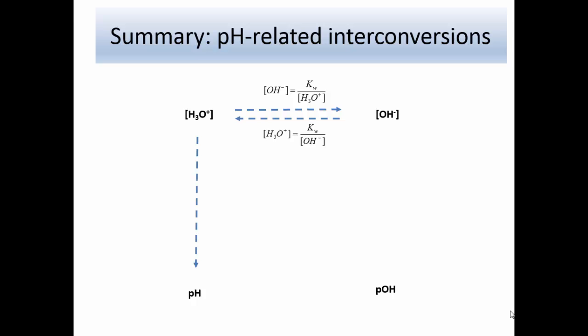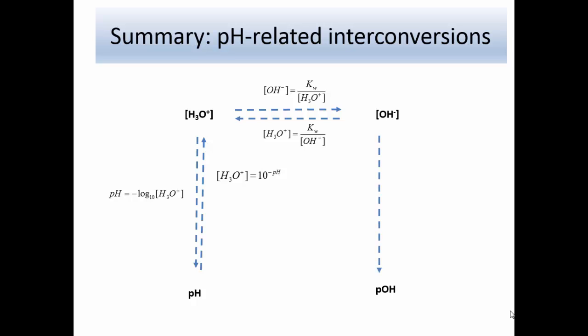So if you know the hydronium ion concentration, then the pH is specified. You just take the negative log of that number. And conversely, if you know the pH, then you know the hydronium ion concentration, calculated as 10 raised to the power negative pH. That's how you convert between those two.